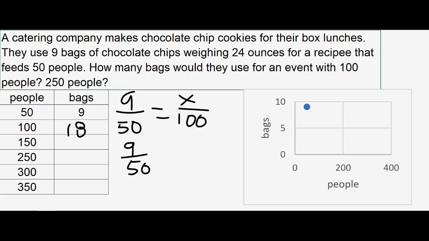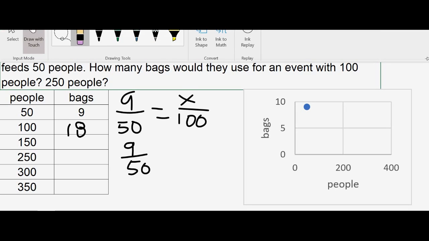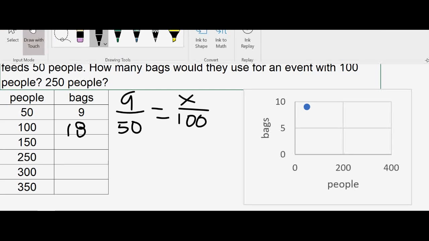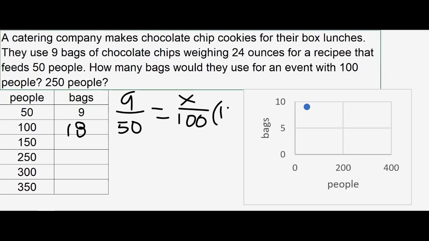Now, before I do that, getting ahead of myself, to actually solve this proportion, we multiply both sides by 100. And then we get x equals 18.